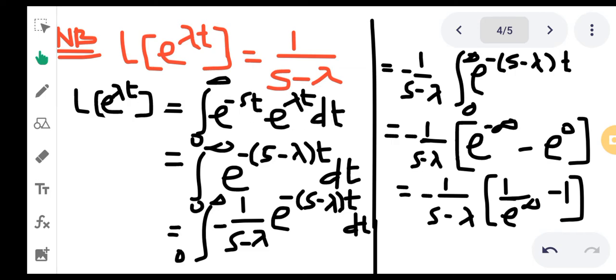Here t is common, so we can factorize t out to make our solution very simple. This is minus s, and this is lambda. The lambda is positive here and the s is negative here, but we don't want minus s and lambda.